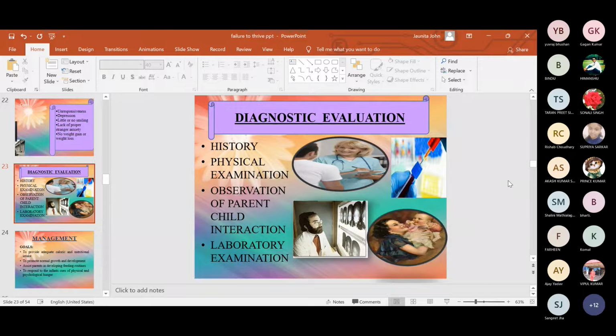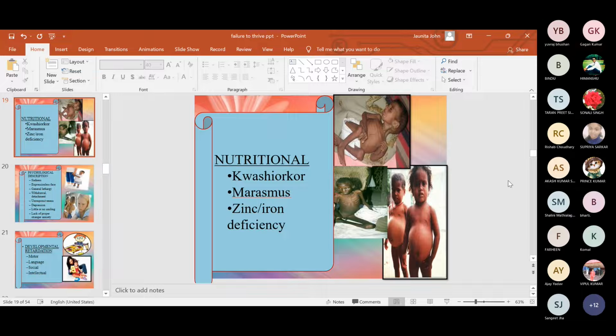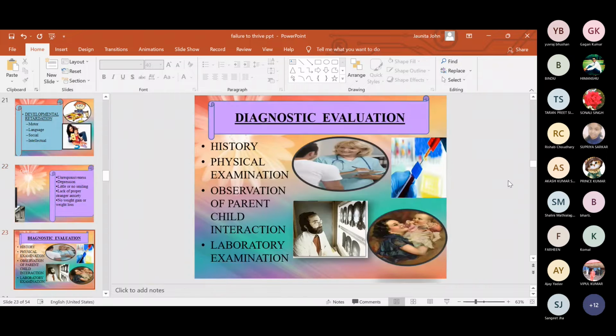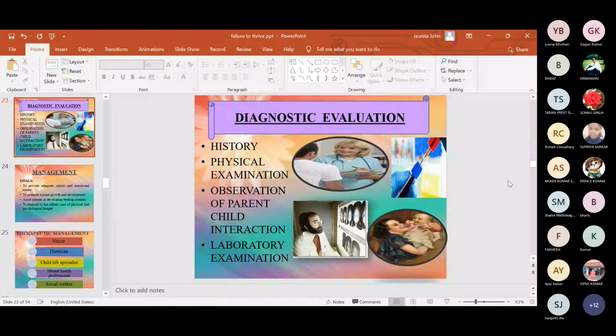Next will be physical examination, and very clearly in the pictures I have shown you all, just by looking you can tell whether the baby has kwashiorkor or marasmus or what sort of condition the baby has. So by physically examining the baby, it will be a little more clear.